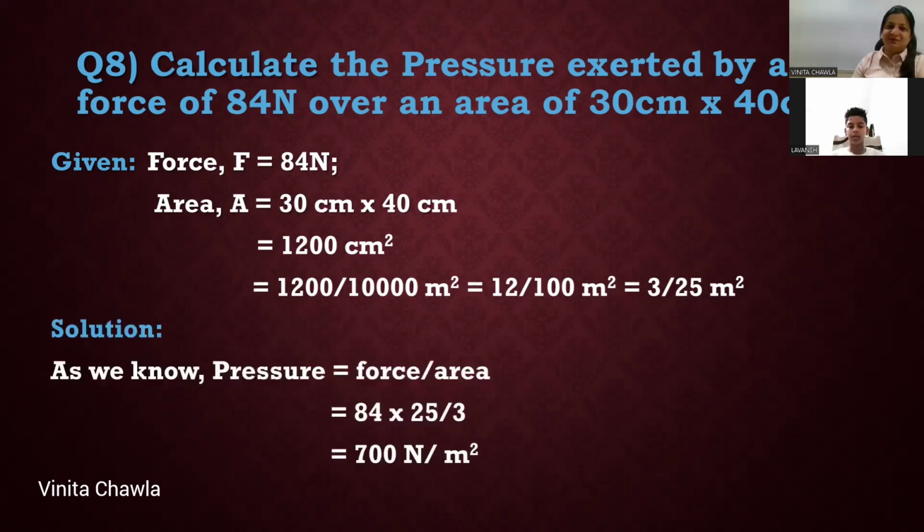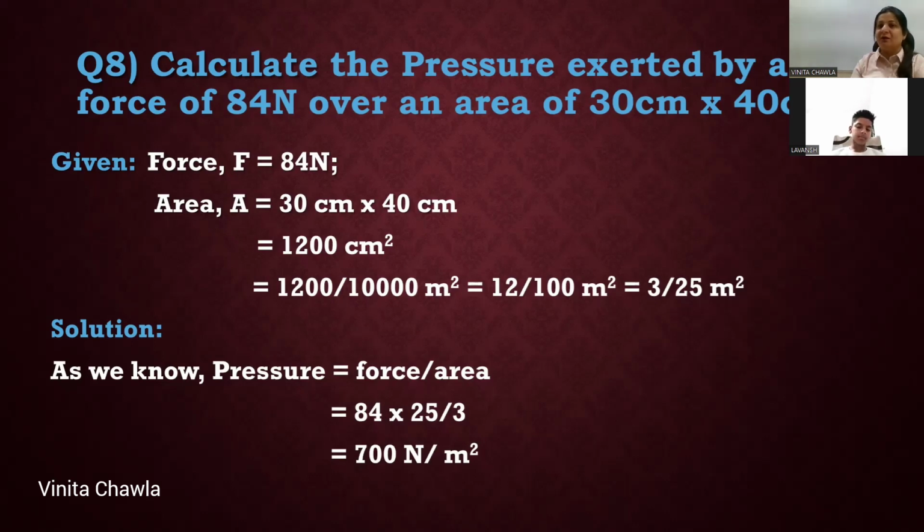Yes, very good. 700 Newton per meter square is the correct answer. Always say it with units. Not just 700, because 700 is a number. You are giving me the answer of pressure, so pressure is 700 Newton per meter square. With units, you should answer the question.